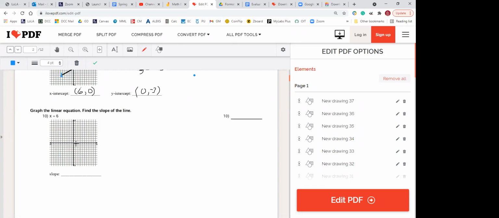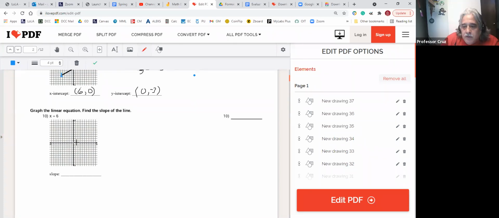All right, so x equal to 6 would be 1, 2, 3, 4, 6. And if we just keep going up here and keep going down here, that's x equal to 6. Notice that x equal to 6 is right here on the x-axis, and x is always equal to 6, even when y is changing.